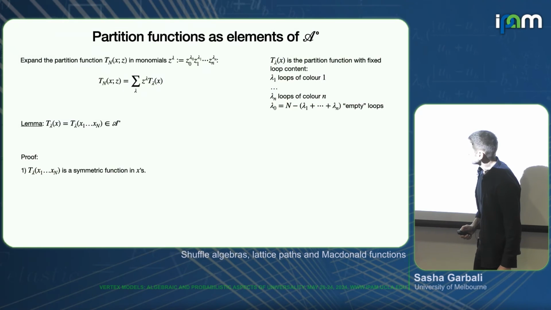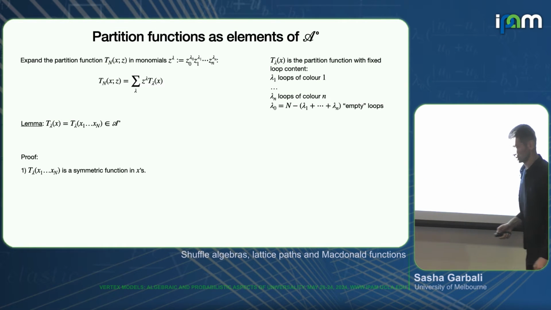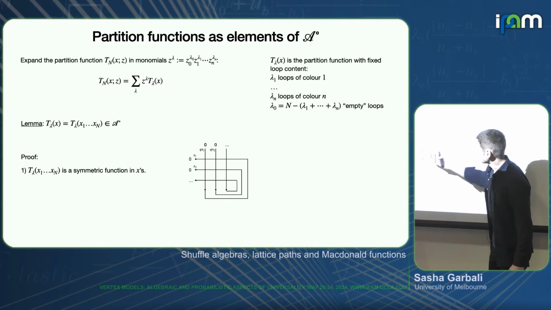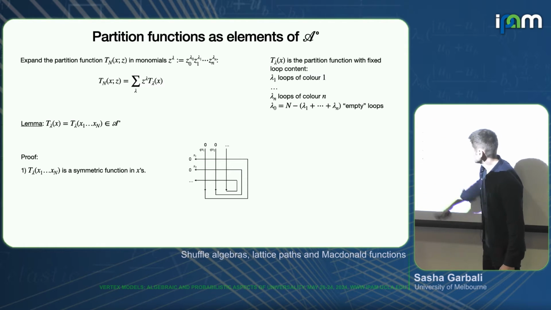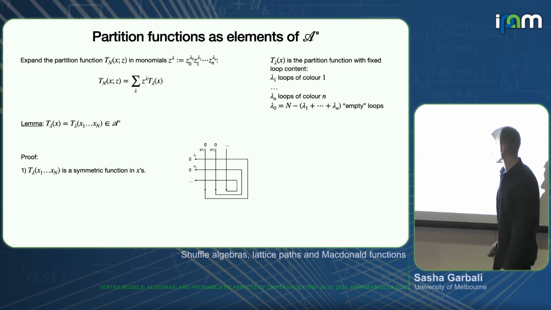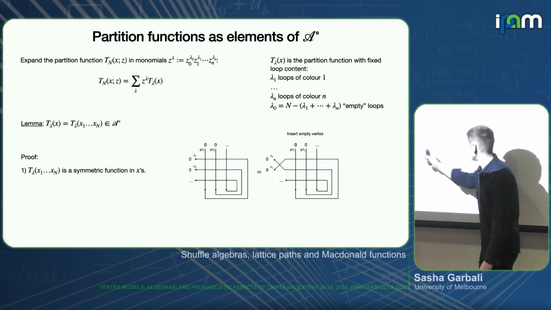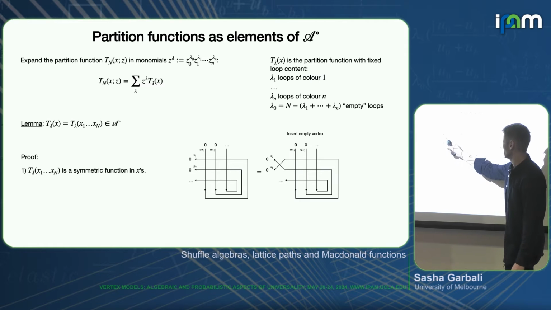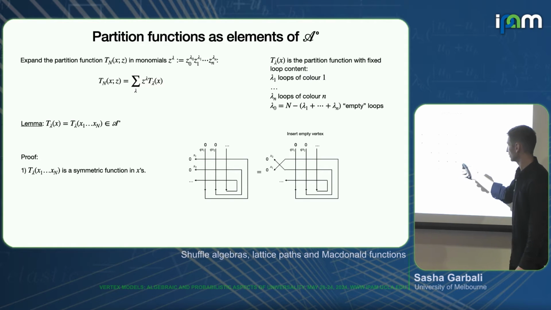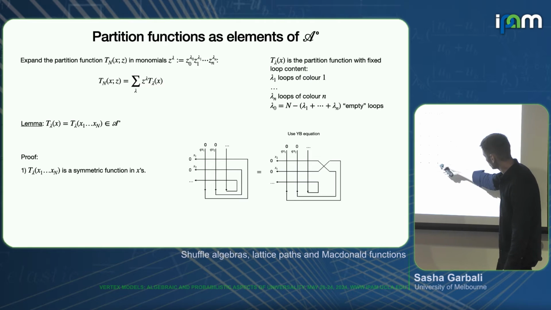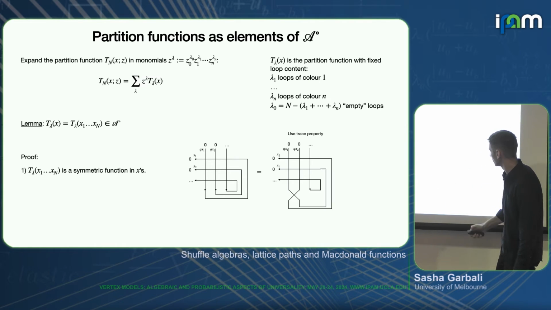The proof consists of checking the definitions of the shuffle algebra. First of all, we prove that they are symmetric in the x parameters, and this follows standard Yang-Baxter logic. We put a crossover here, our R matrix, and then we use the Yang-Baxter equation to push it to the other side, and then we use the trace property to push it here.